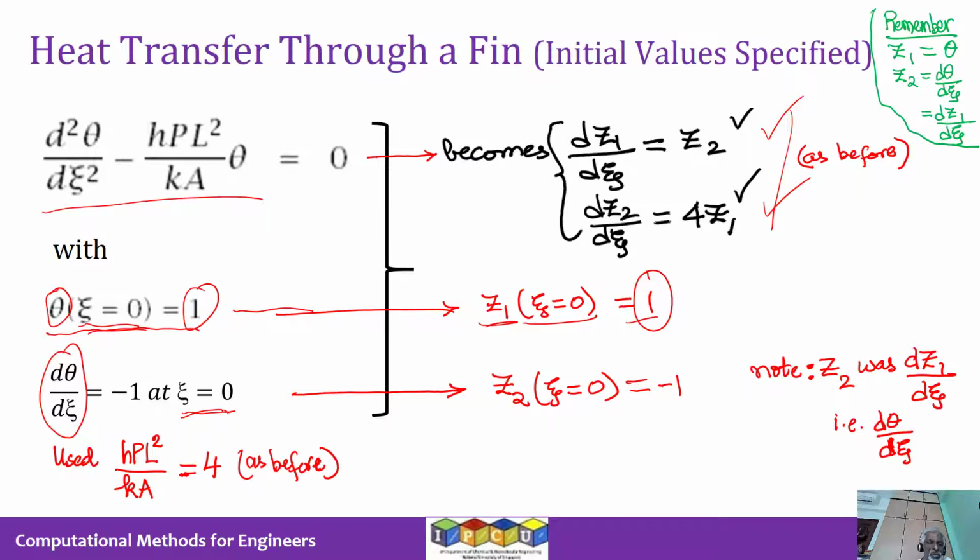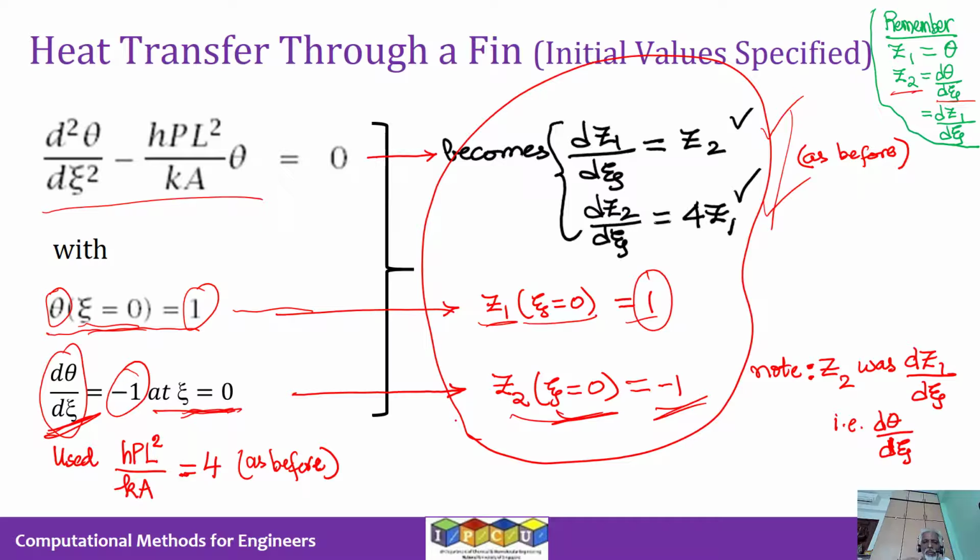In any case, d theta by d psi is equal to z2, so z2 at psi equal to 0 equals minus 1. That is the status of the problem now. These are the important things to focus on. And again, we are interested in z1 because we are interested in theta. We want to find theta as a function of psi.